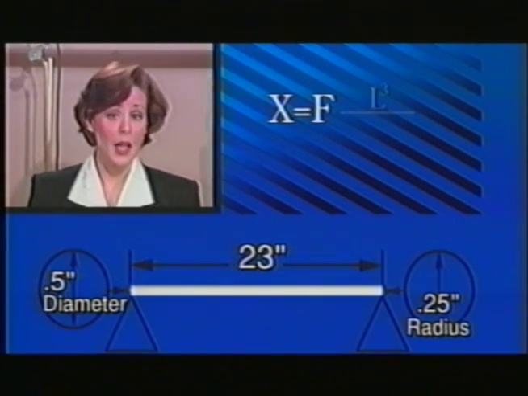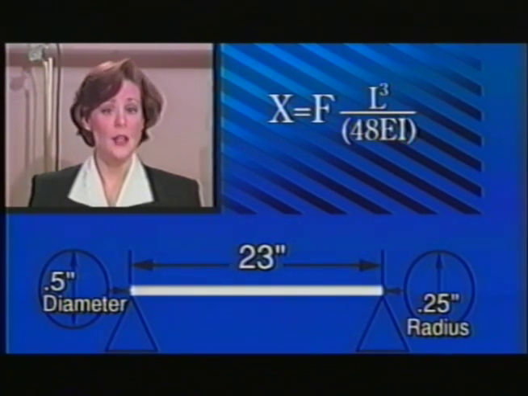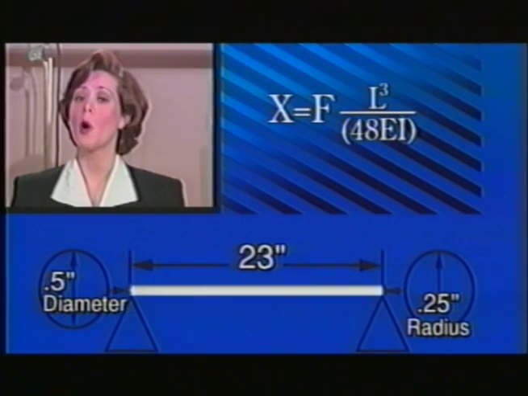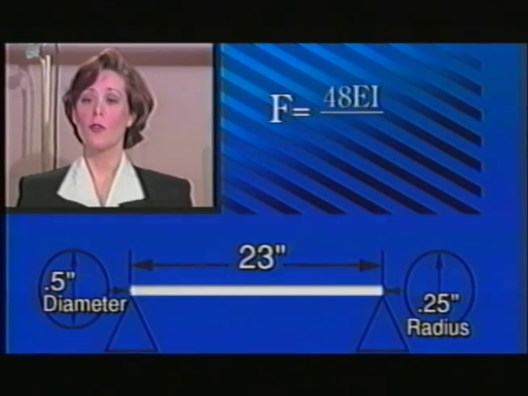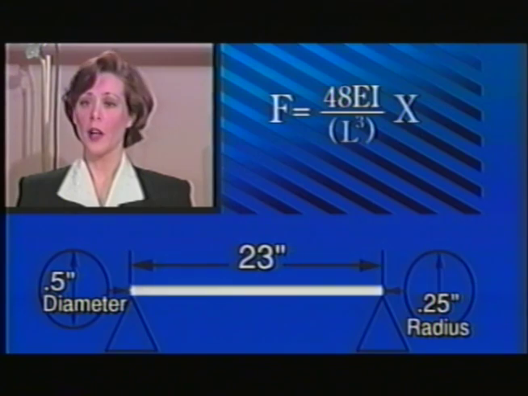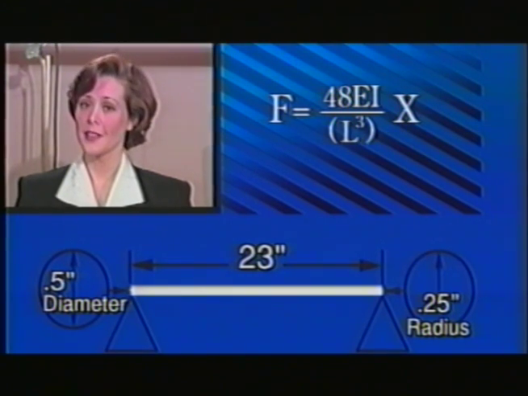Okay, from the same handbook, we get this equation. The deflection equals the force multiplied by the length cubed and divided by 48 times the moment of inertia and Young's modulus. And solving for the force, we get F equals 48EI over L cubed times the deflection.